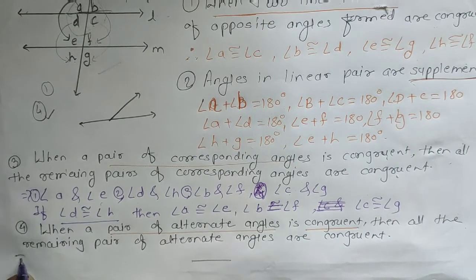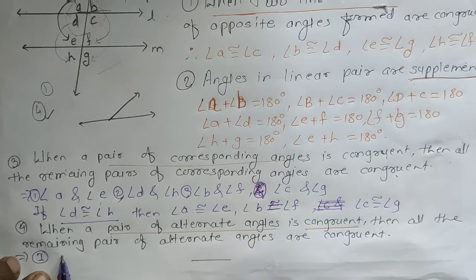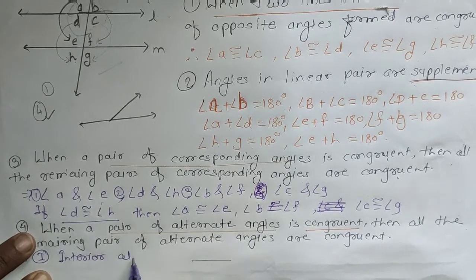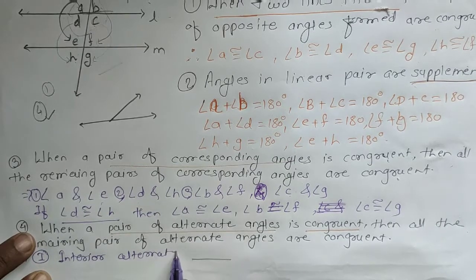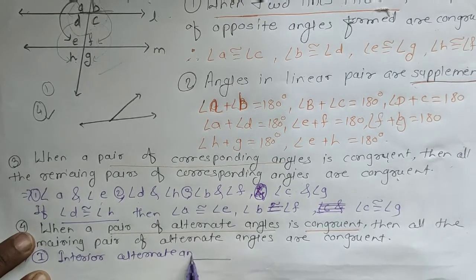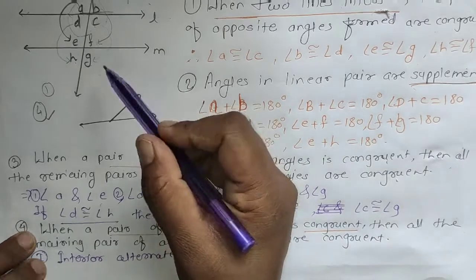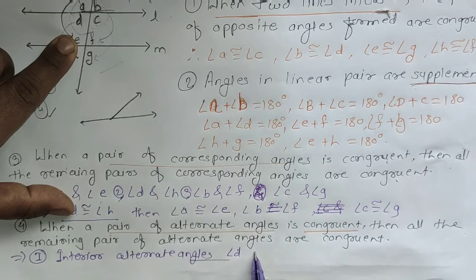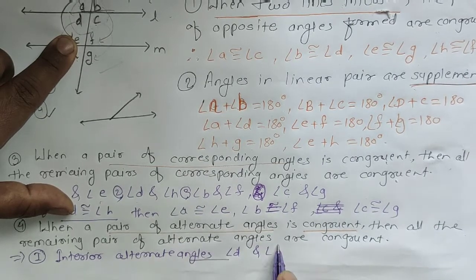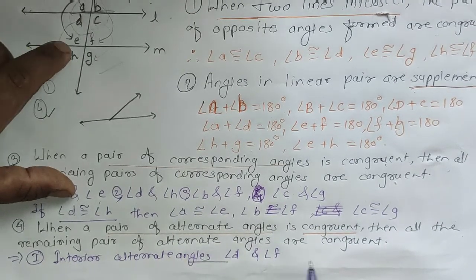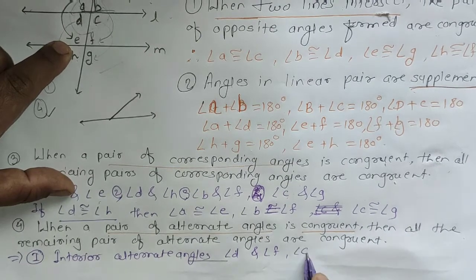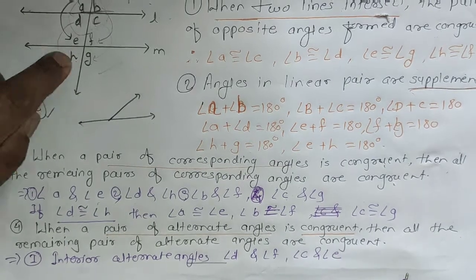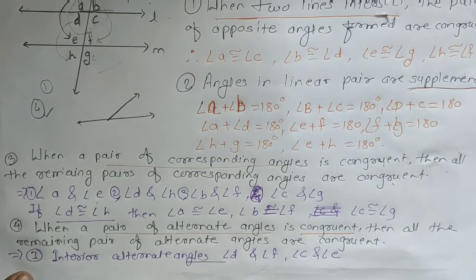So which are the interior alternate angles? D and F, angle D and angle F. Okay, and C and E, angle C and angle E. Okay, these are the interior alternate angles.